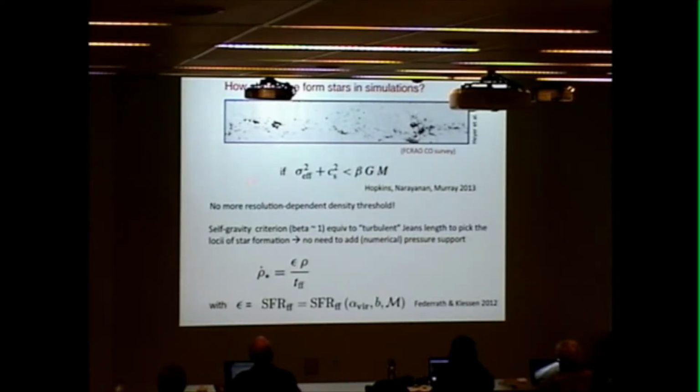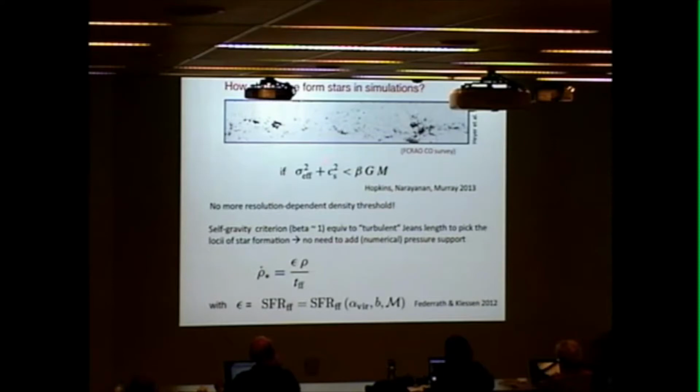Well, you should get rid of the resolution-dependent density threshold, and then just form stars if your velocity dispersion, so that's the turbulence part, plus the sound speed squared, is smaller than the gravity that is bringing the gas together.